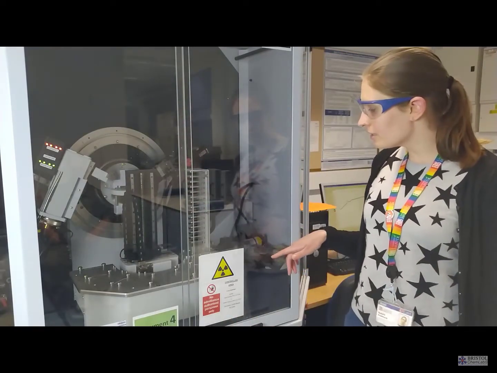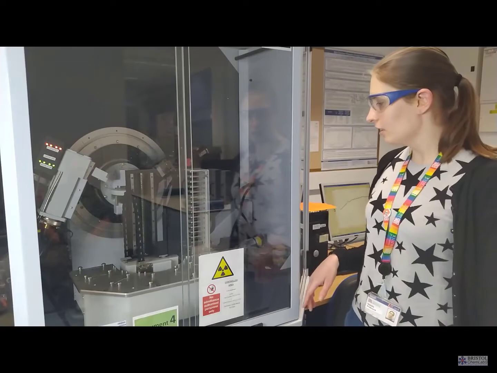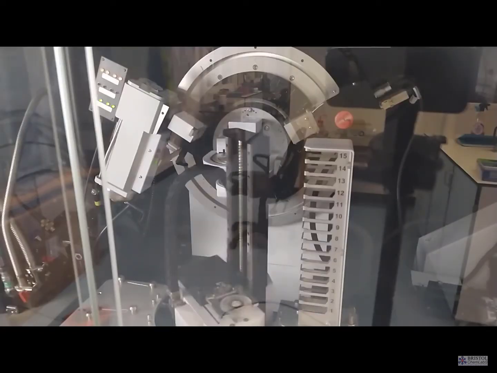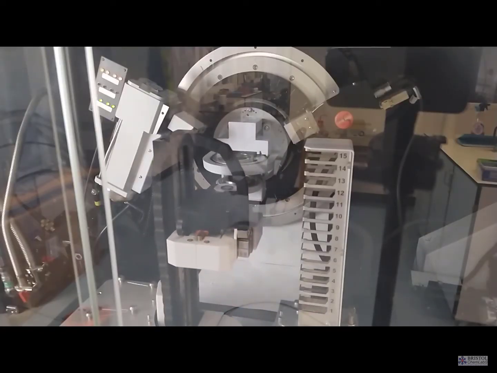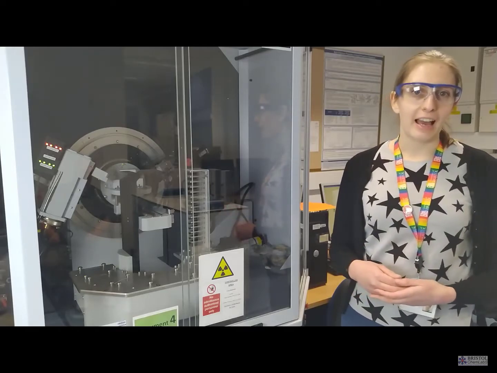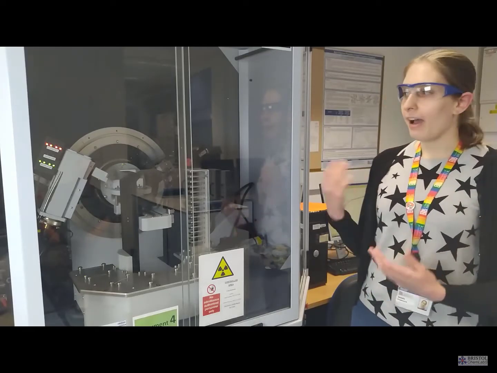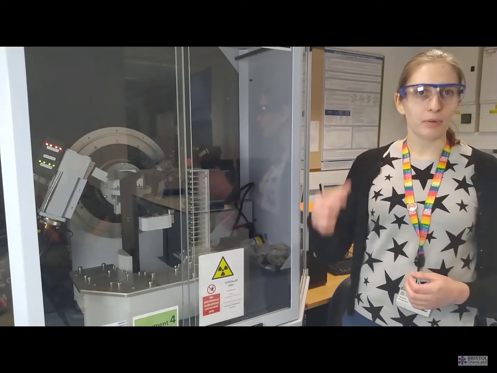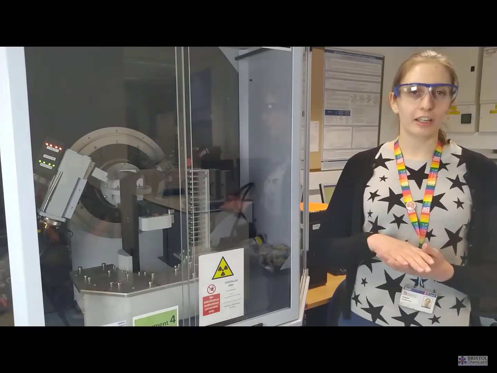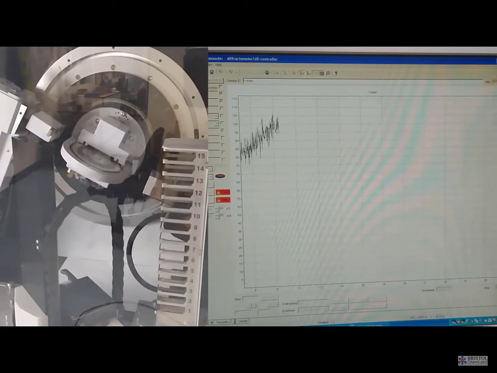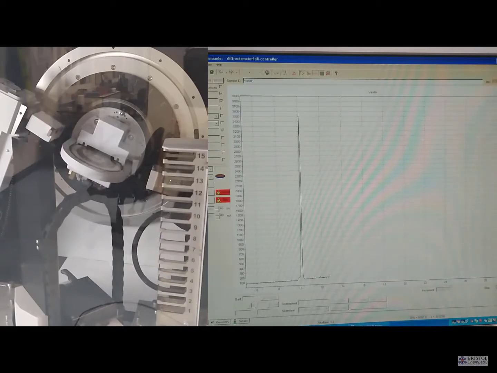So our robot is going to load our sample for us. And this works in a similar way to other spectroscopic techniques, such as infrared and UV-vis spectroscopy. However, in those cases, you keep your sample still and you change the wavelength and look at, in the case of UV-vis, the change in absorption as wavelength changes.